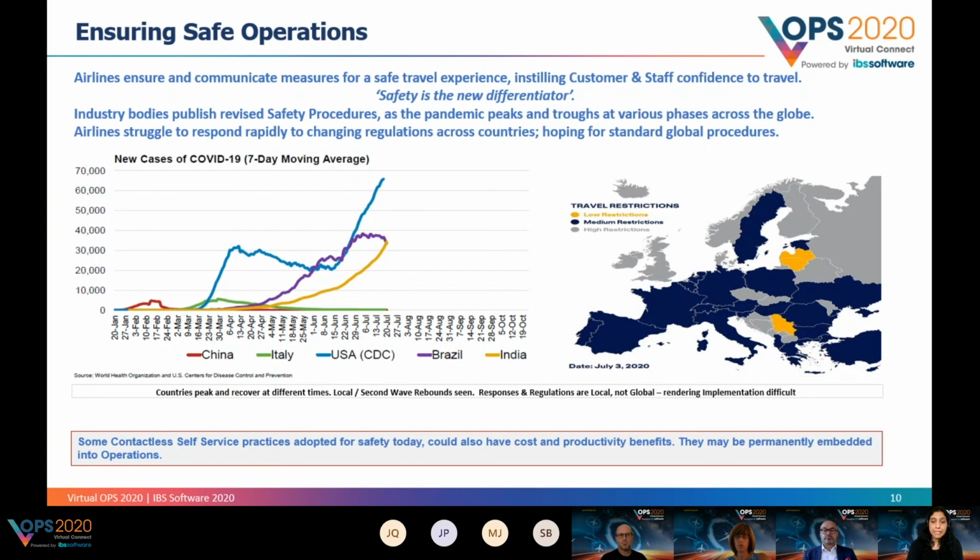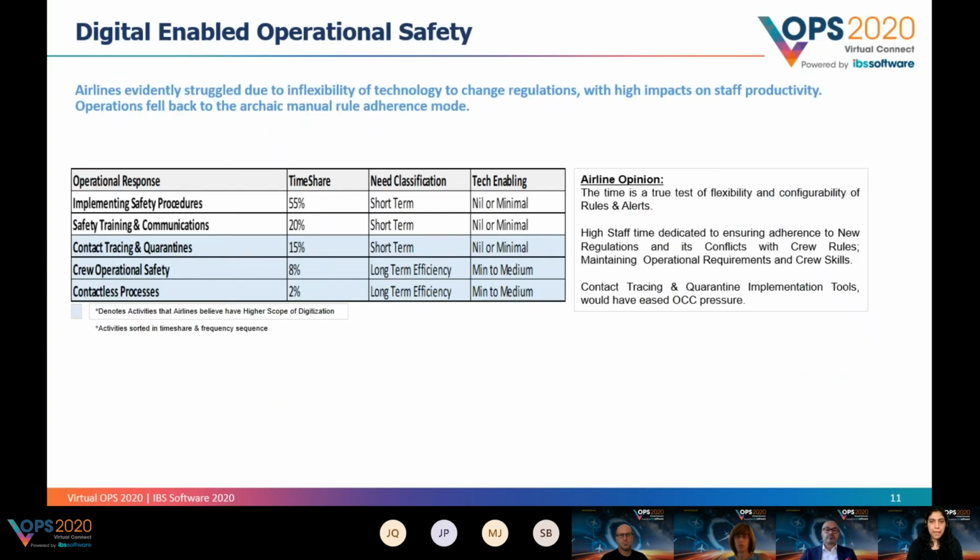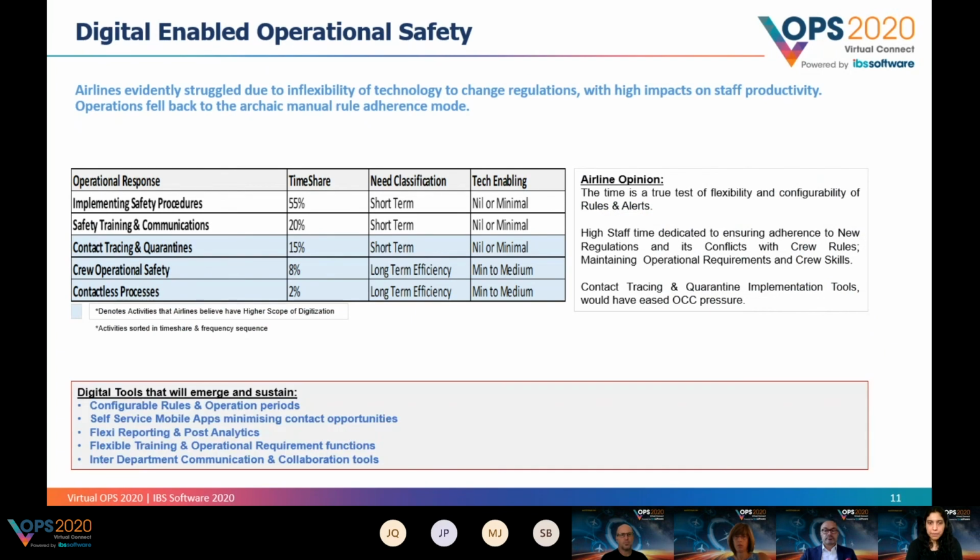So more automations coming there in self-service contactless practices, which they see carrying on. These are some of the things that they're currently doing, but some of the important points that are coming out of implementing operational safety is, for example, the 14-day quarantine principle that several countries had, which was also applicable to crew members.